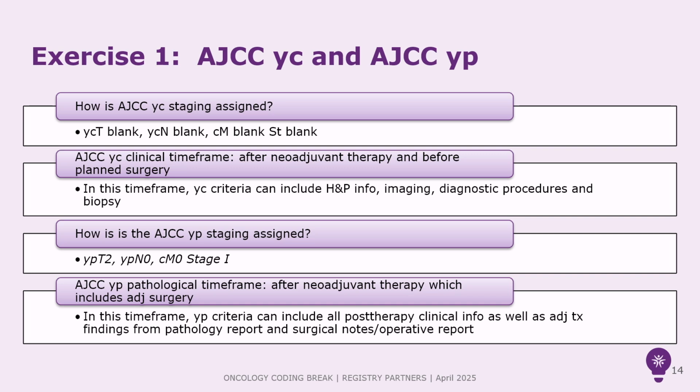So we have the YPT2 because of the invasion to the muscularis propria. In this time frame, the YP criteria can include all post-therapy clinical info, as well as adjuvant treatment findings from the pathology report and surgical notes or operative report.